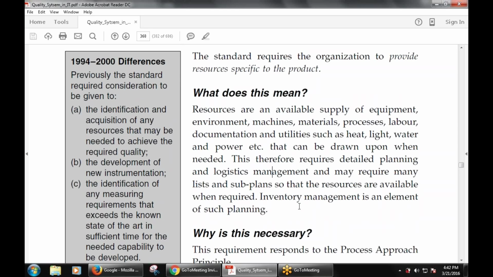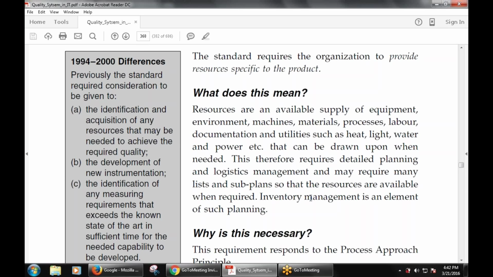The logistic management requires many lists and sub plans, so that the data are available and used with the data resources and the data usage.